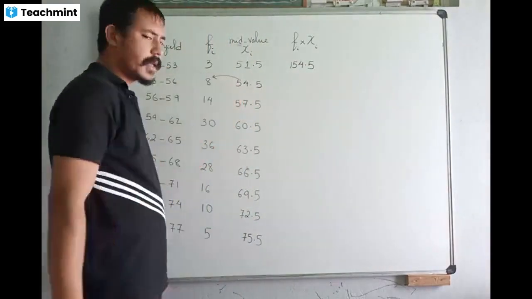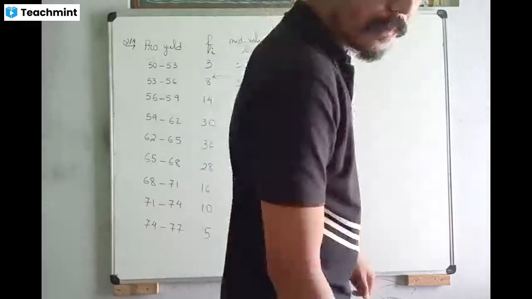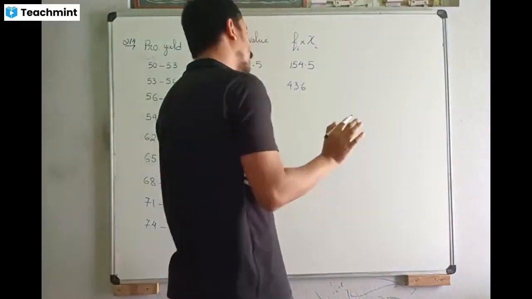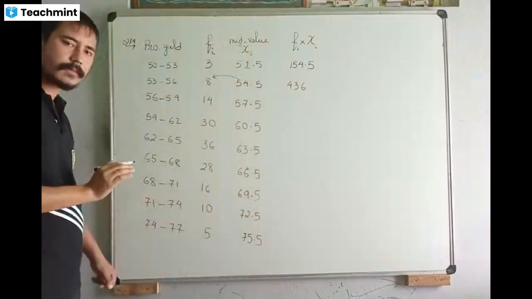Next, 54.5 times 8 will give you 436. The 0 can be neglected.